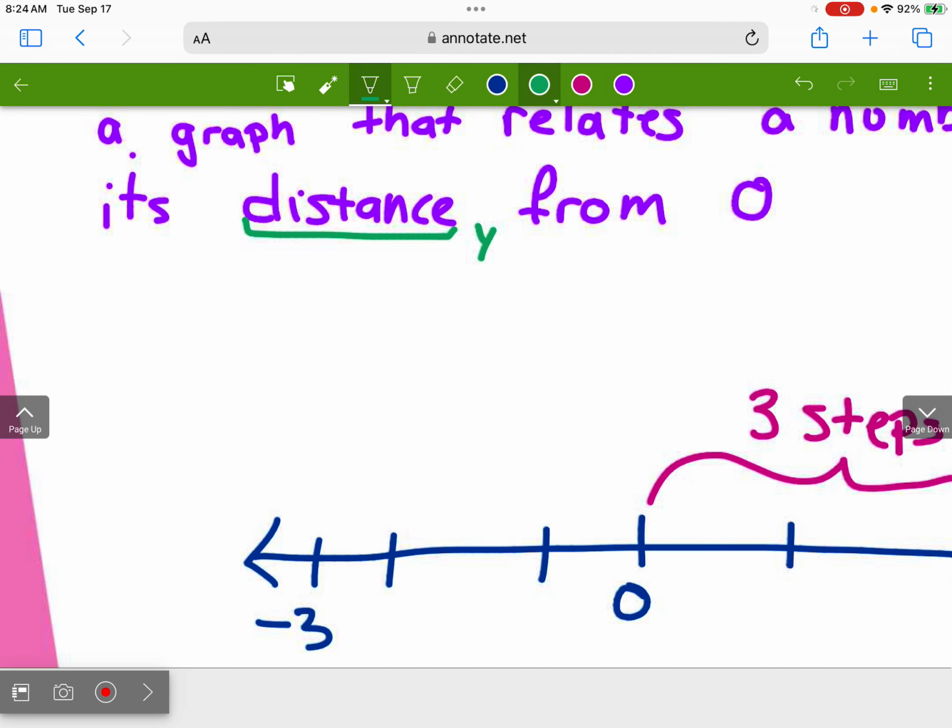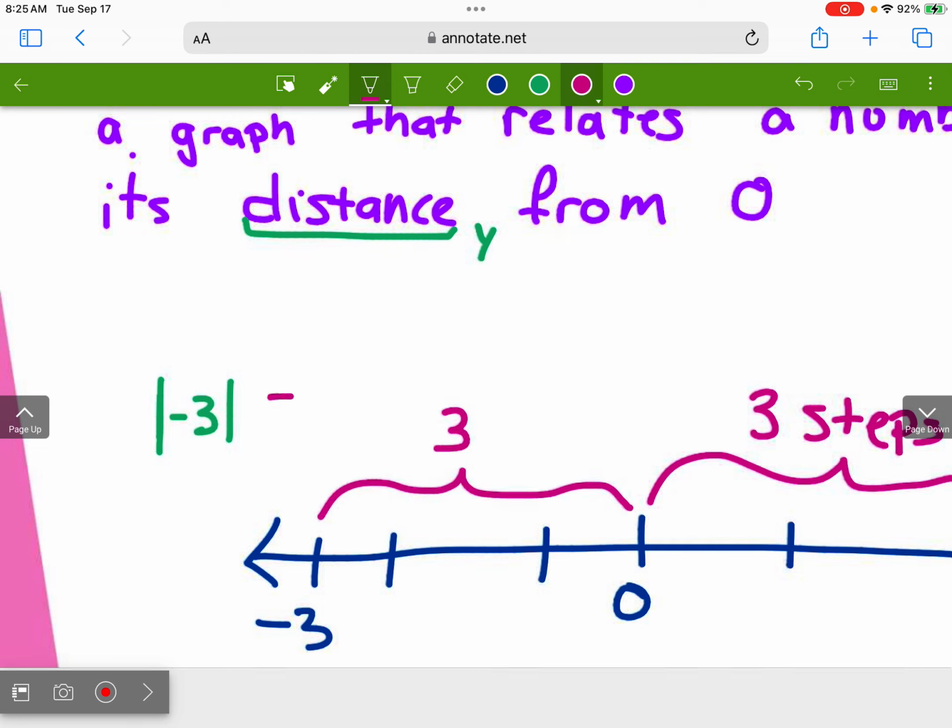And we did very similarly for our absolute value of negative 3. We also took 3 steps. So the absolute value of 3 is 3, and the absolute value of negative 3 is 3, because they're both 3 steps away from 0. And we're going to graph these today.